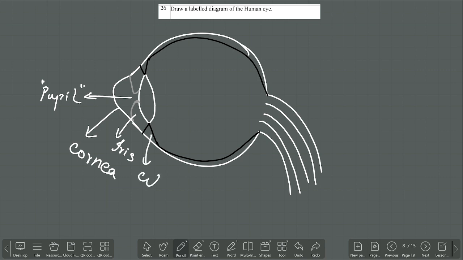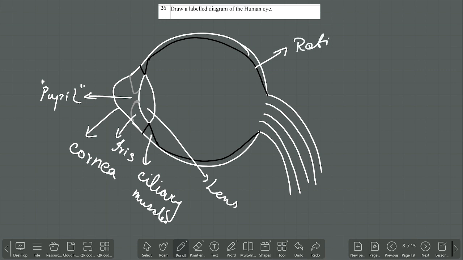That muscle we call the ciliary muscles, and this part we call the lens, and over here a screen will be there. That screen we call the retina, and the nerve which helps to transmit a signal, that nerve we call the optic nerve, and inside the chamber some liquid will be there.